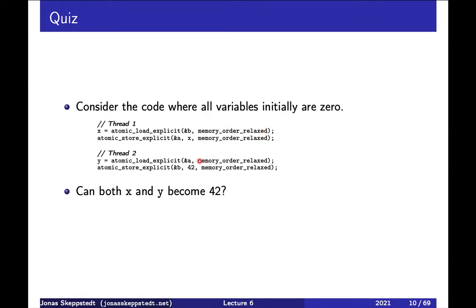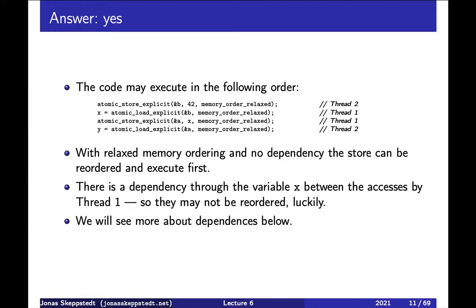But in thread 2, these two operations are unrelated, so they can be reordered. Let's say that thread 2 starts with writing 42 to B, and then thread 1 reads B and saves the value 42 in A, and then thread 2 reads A into y, so both x and y become 42.